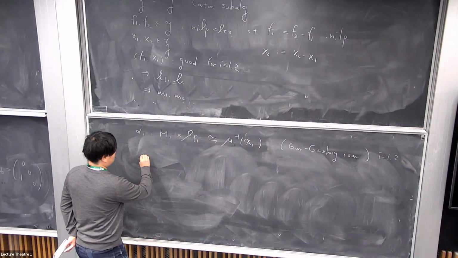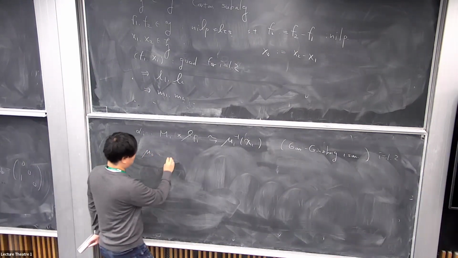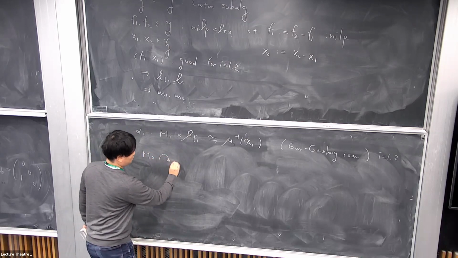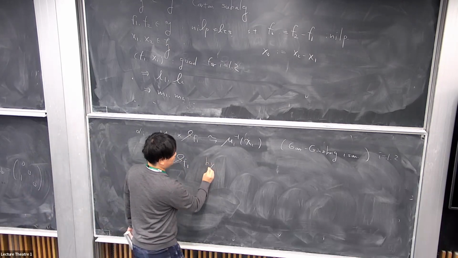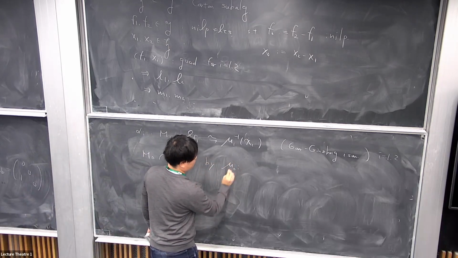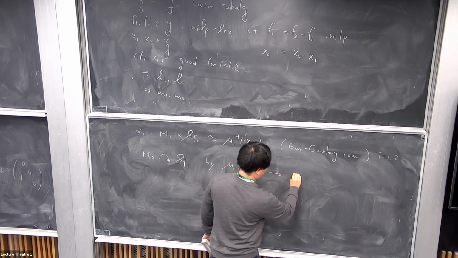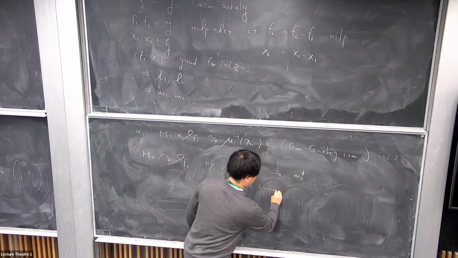So we want to consider the moment map mu0. I want to define M0 acting on the Slodowy slice, induced from the moment map mu0. The Slodowy slice maps to m0 star. It's just the same.